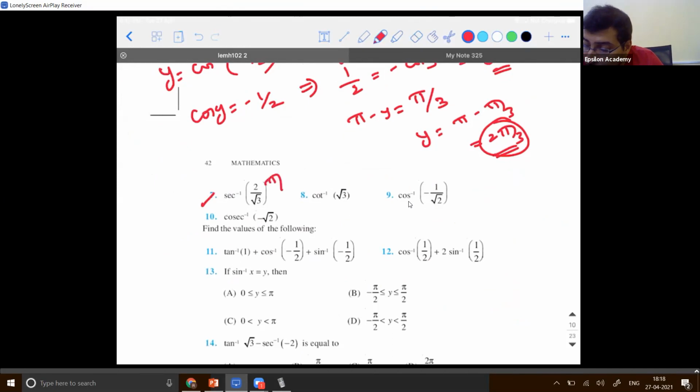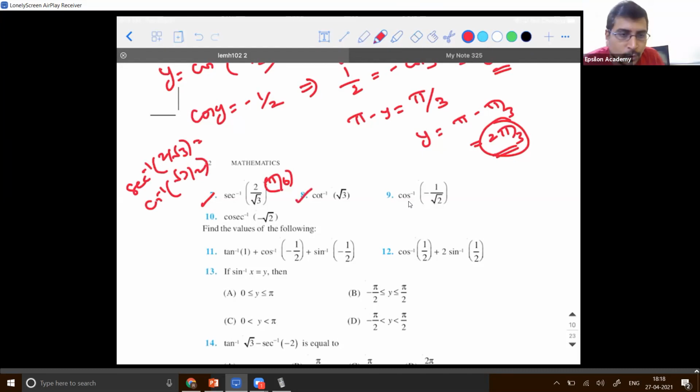I hope everybody understood why it is pi by 6. One logic I'll tell you: secant inverse 2 by root 3 is the same as cos inverse of root 3 by 2. Why it is so, we will see in the next exercise. So I work like that, okay? Where will cos give you root 3 by 2? It is at pi by 6.